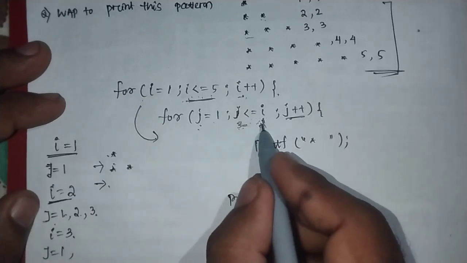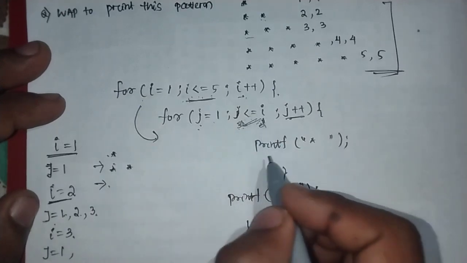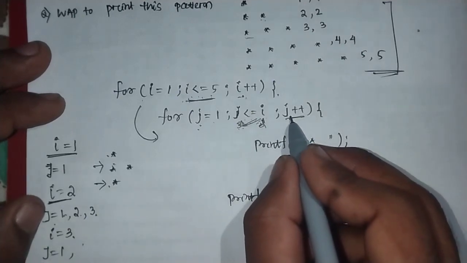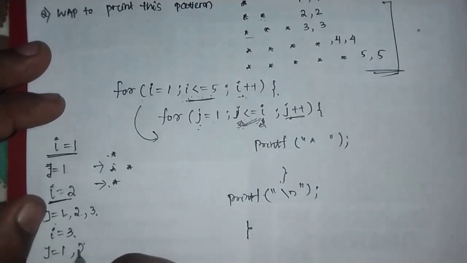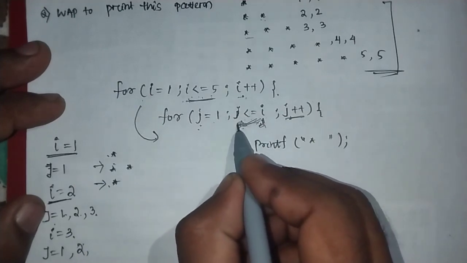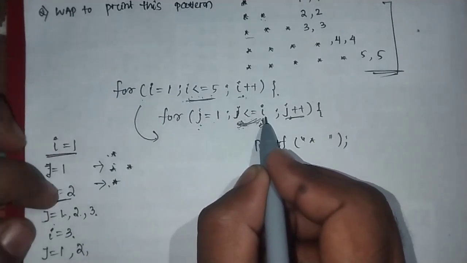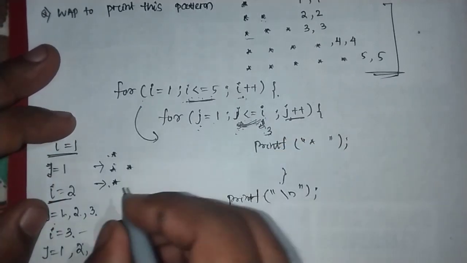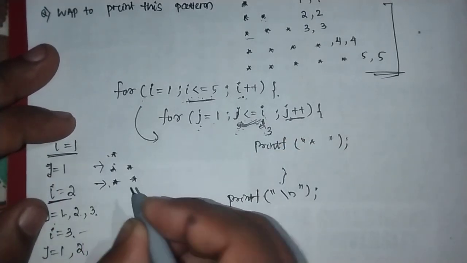So for 1, the condition is satisfied, so it will print 1 star. After this, the value of j will be updated to 2. It will check here, is 2 less than or equal to i? Now the value of i is 3. Is 2 less than or equal to 3? Yes, true. So it will print 1 star.